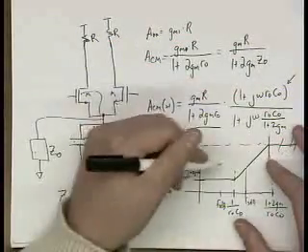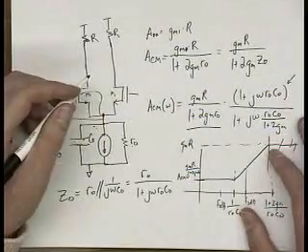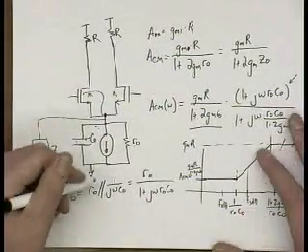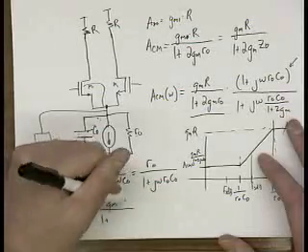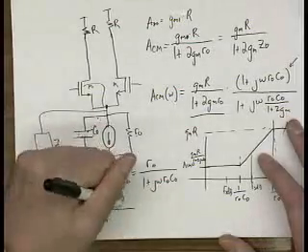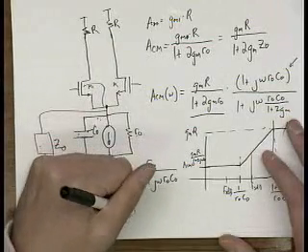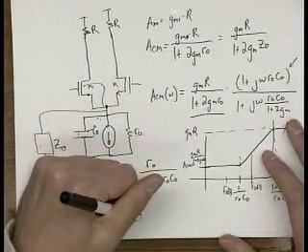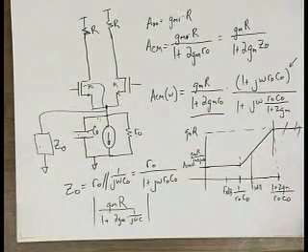But realistically, what will probably happen is that you'll maximize your F3dB as much as possible, so you'll be somewhere in here. At that point, the common mode gain is basically gm over 1 plus, well, gmR in this case, or whatever the R is, 1 plus 2gm times 1 over jωC. So you take the absolute value of that, and you just need to make sure that that's small enough.